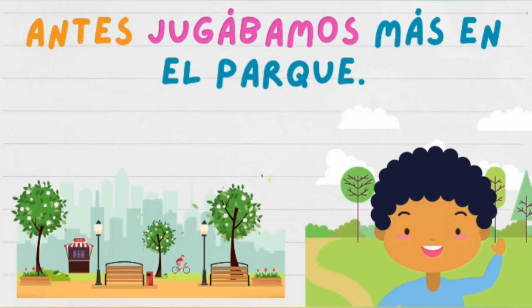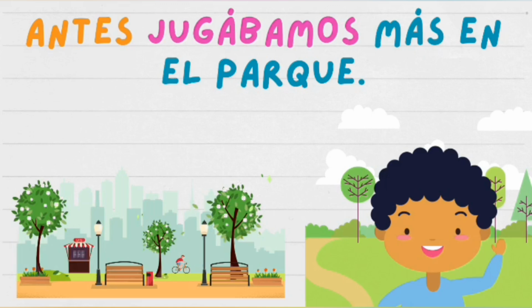All right, here I have this sentence. Before, which means antes. Before, okay, we played, jugábamos. Remember, if you're talking about amos at the end, you're talking about the personal pronoun, we, okay? Jugábamos. Before, we played, antes, jugábamos, more in the park, más en el parque.